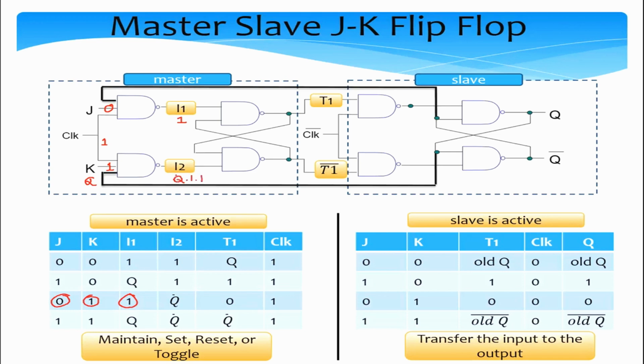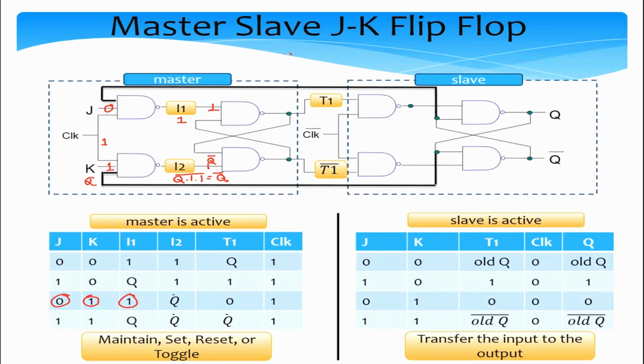and 1 and 1, entire thing complemented, which is Q bar. Alright, so basically the value at this point is the complement of Q and the value at this point is 1. So let's follow the same logic as we did before.